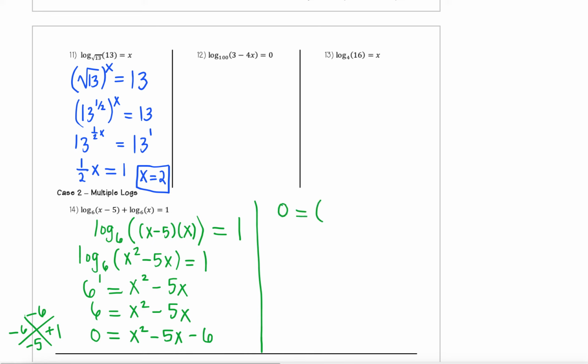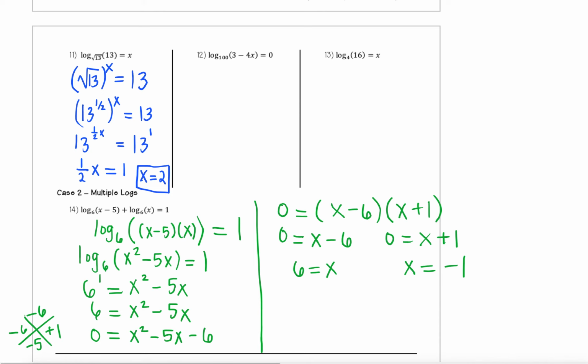So from here, we're going to go ahead and factor that quadratic into x minus 6 times x plus 1. Using the zero product property, we can set each one of these factors equal to 0. So we get 0 equals the x minus 6, and we also get 0 equals the x plus 1. And from here, we can solve each one of these, and we get that x is equal to 6, and we also get that x would be equal to -1.